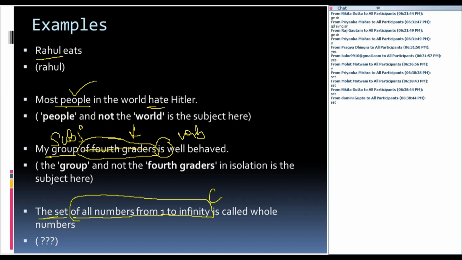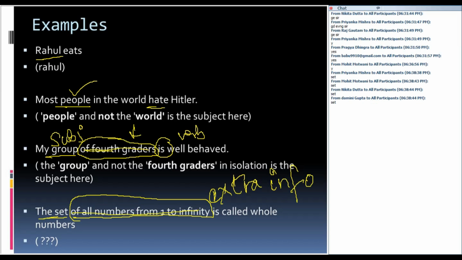I will discuss this later on, but as of now, you just need to know that we generally ignore this extra information when we want to find out what the subject is. So the set is singular. That is why we have used a singular verb is. Is this clear?